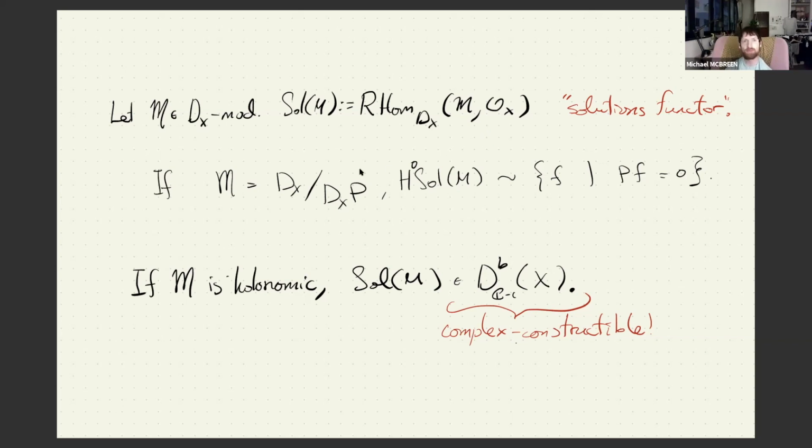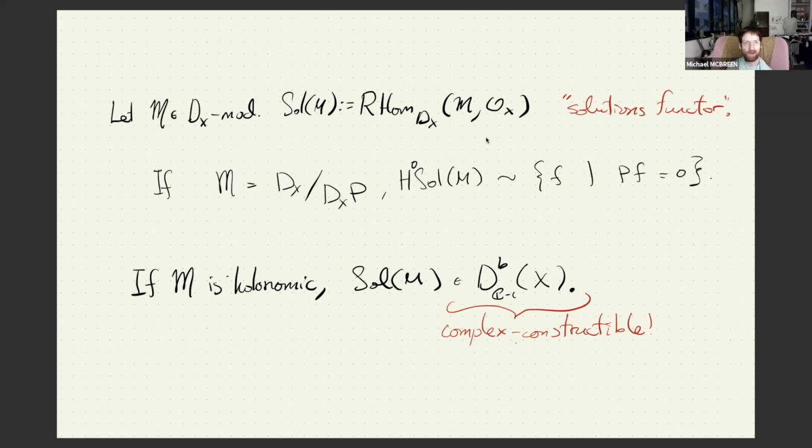If your D module is presented as D of X modulo some differential operator P, then that corresponds to the usual notion of solutions, functions that are annihilated by P. And if your D module is holonomic, if its characteristic variety is Lagrangian, then the solutions functor lands in constructible sheaves. You can think of that as one way of characterizing holonomic D modules. That's kind of the point.